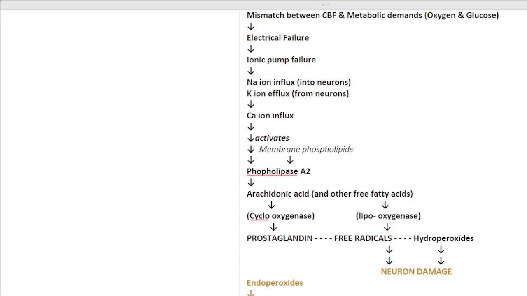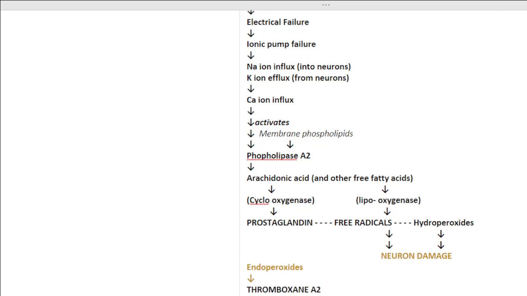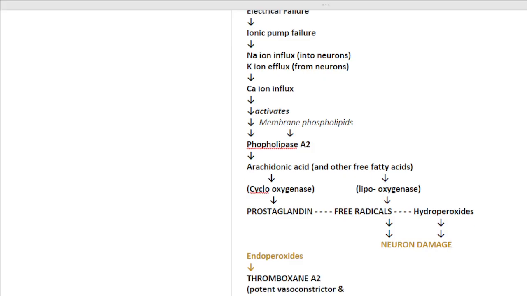But what does prostacyclin do? It's a potent vasodilator and platelet anti-aggregant. You can see how contrasting the properties are.